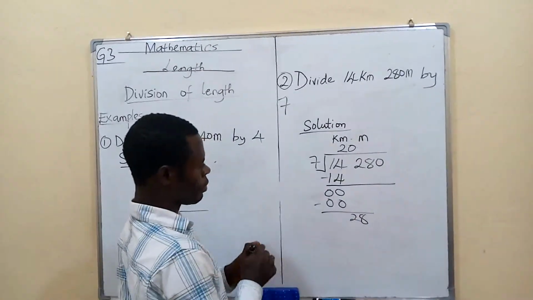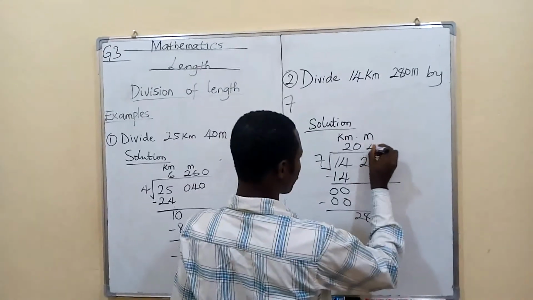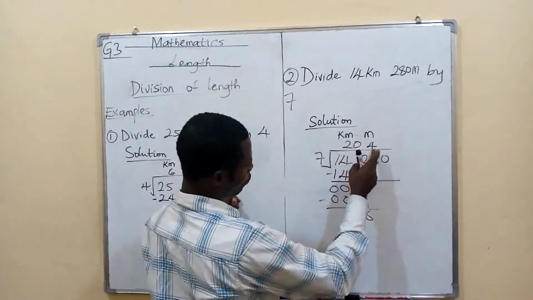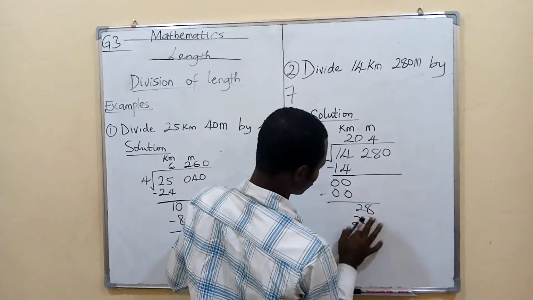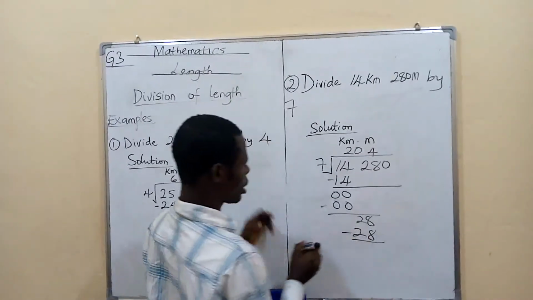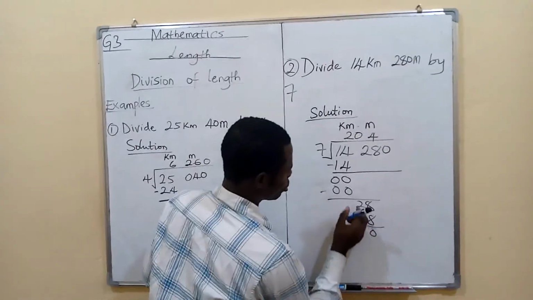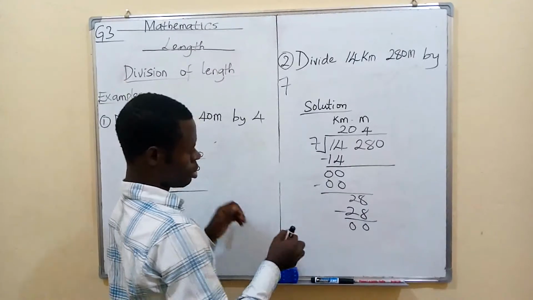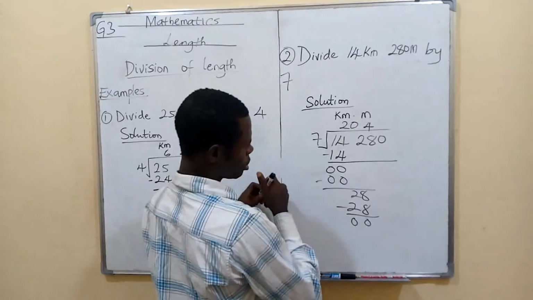Now you have 28 divided by 7, which is 4. 28 divided by 7, which is what? 4. 4 times 7, 28. 4 times 7 is what? 28. You subtract. 8 minus 8 is what? 0. 2 minus 2, 0. Alright? So now we have 0 divided by 7, which is still 0.